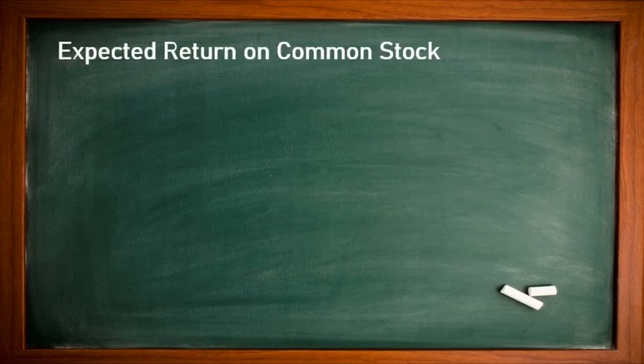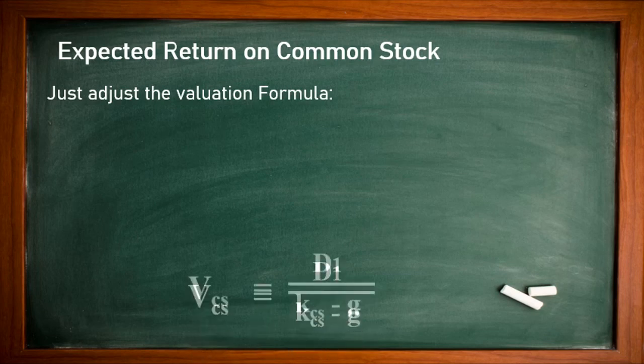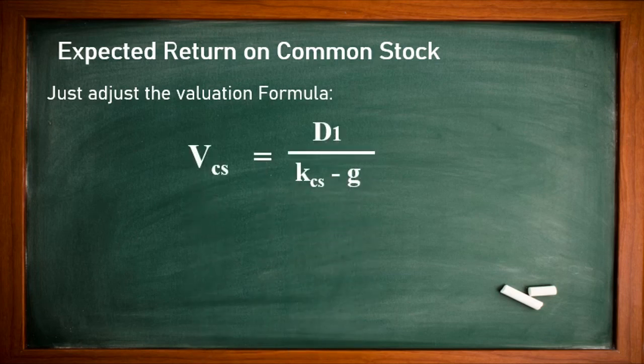Now we have to understand the expected rate of return. In both situations we understood how to calculate the value. Now if the values are given, how do we calculate the percentage, as we discussed for preferred stock also. So here just adjust the valuation formula first, because this is a big formula, so I will give you all the adjustments.